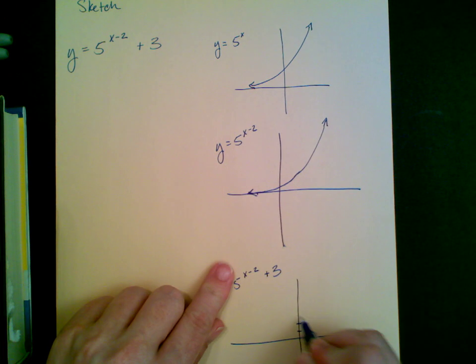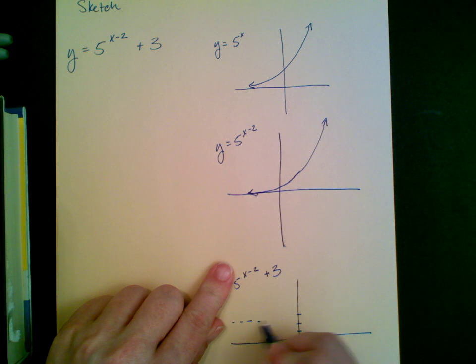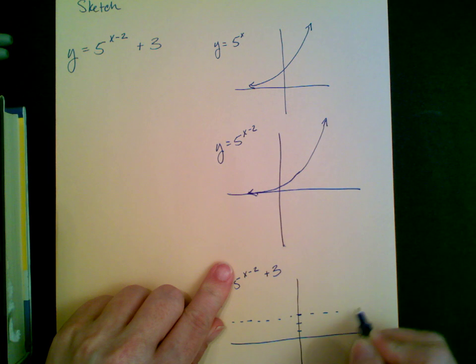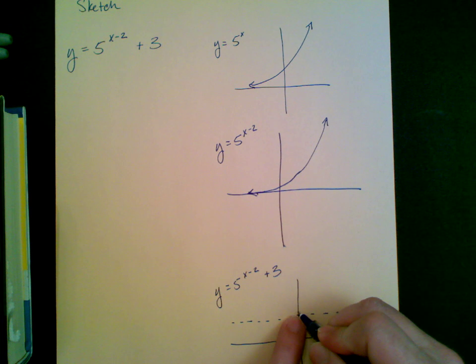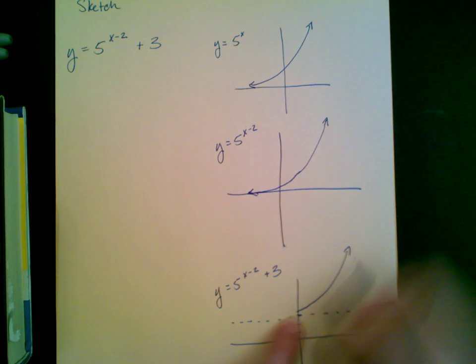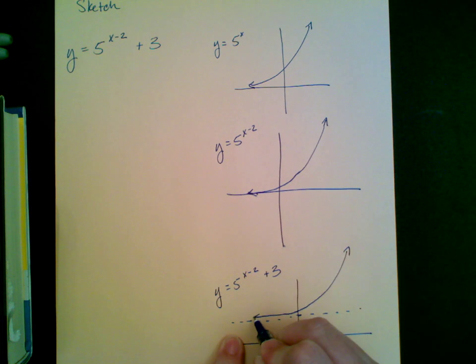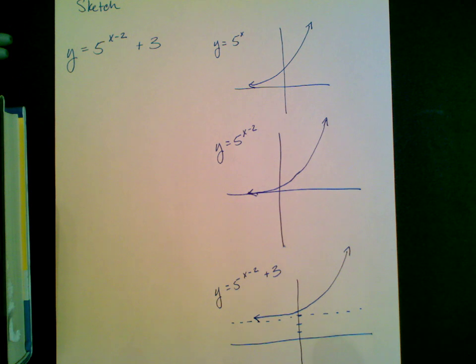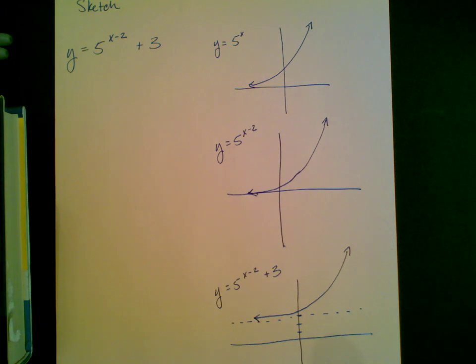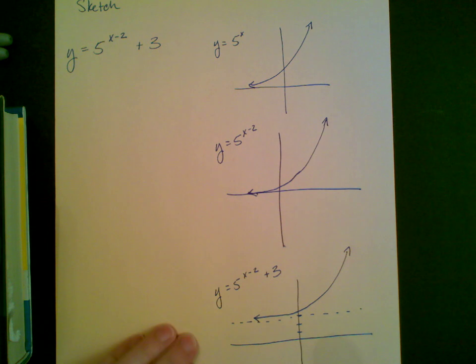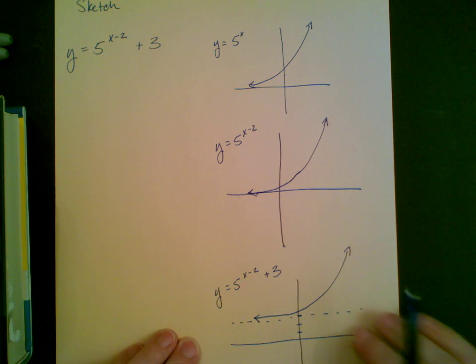So, 1, 2, 3. And it's going to look roughly like that. Now, you won't be required to draw perfect graphs of transformed exponential functions. However, you should be able to pick one out of a multiple choice lineup based on the function transformations.